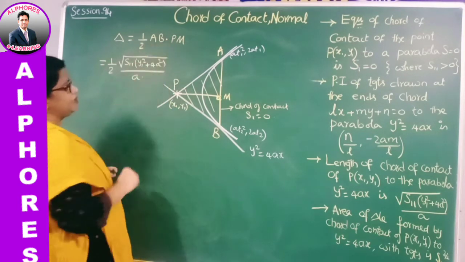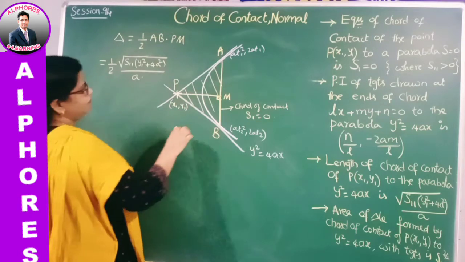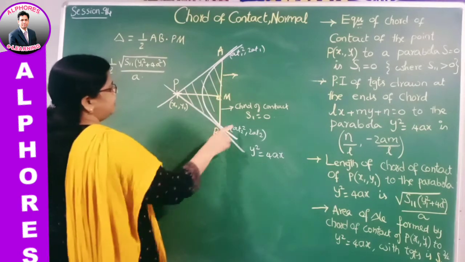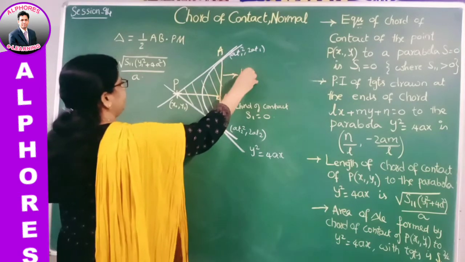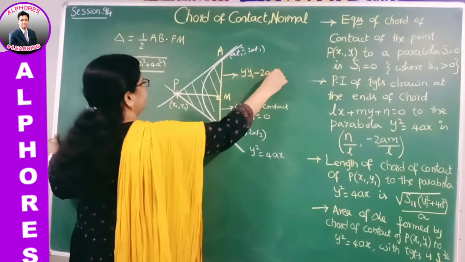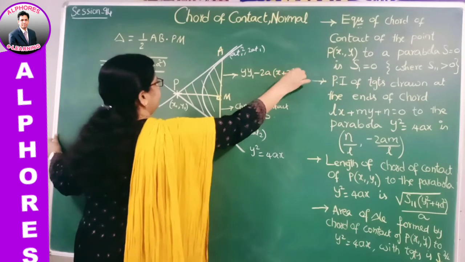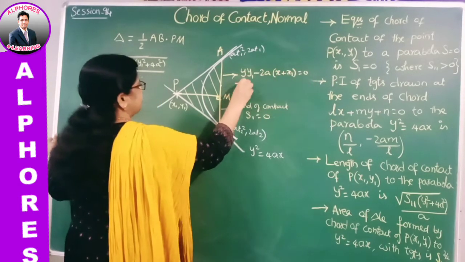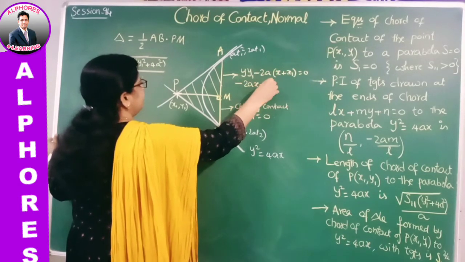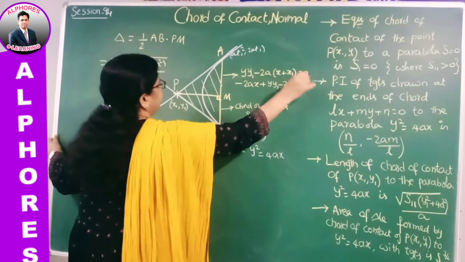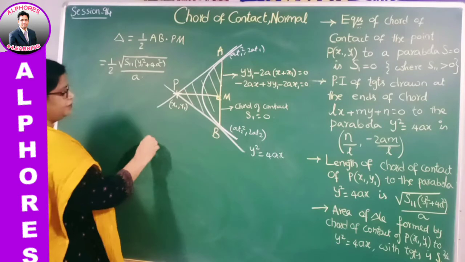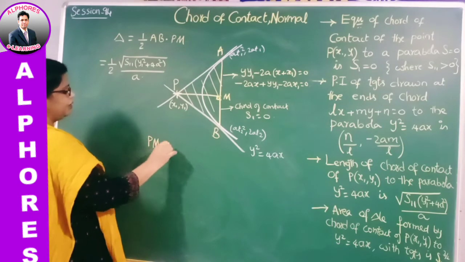And now our interest is PM. PM means what? The equation S1 is 0 means y y1 minus 2a into x plus x1 is equal to 0. That implies minus 2ax plus y y1 minus 2ax1 is equal to 0.